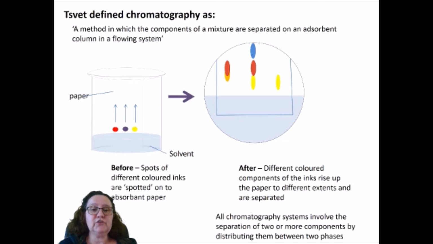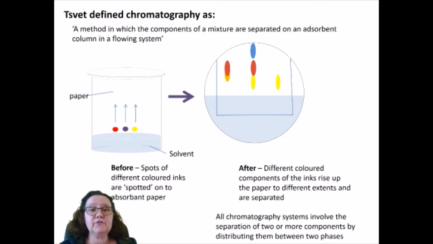Svet, the original botanist that came up with the idea of chromatography, defined chromatography as a method in which the components of a mixture are separated on an adsorbent column in a flowing system. And this is very much what chromatography is. So you've got here a schematic representation of how paper chromatography or thin layer chromatography will look like.